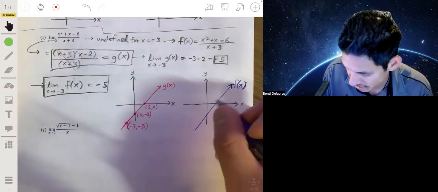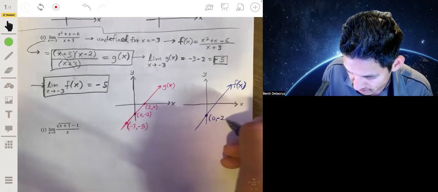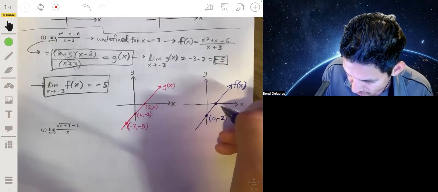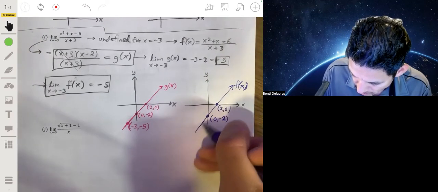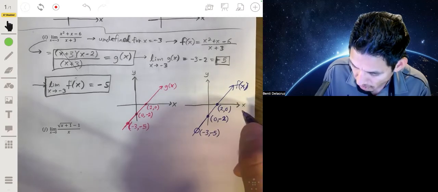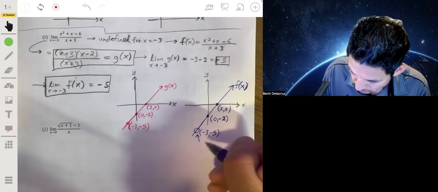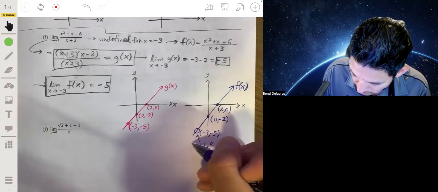But that's math for you. That's the exact same graph, except at -3, -5, there's a hole. Call that also a discontinuity.